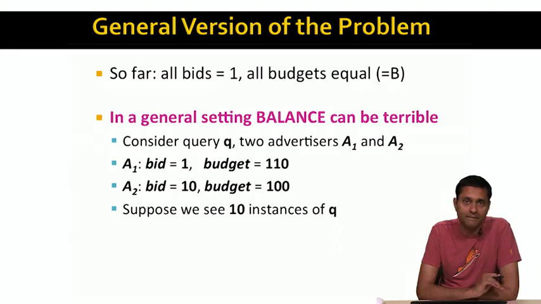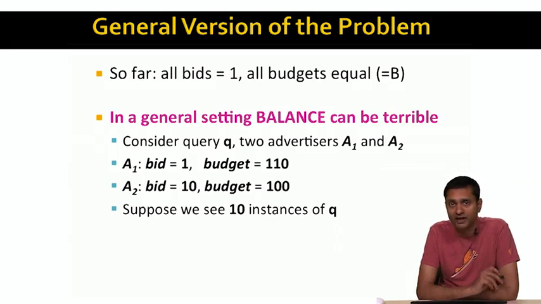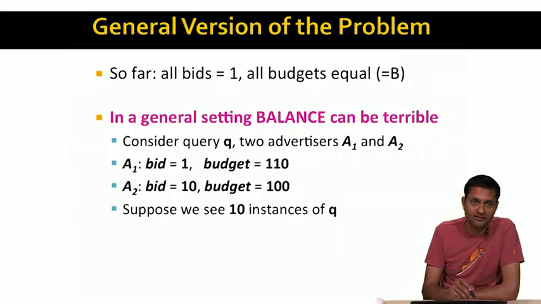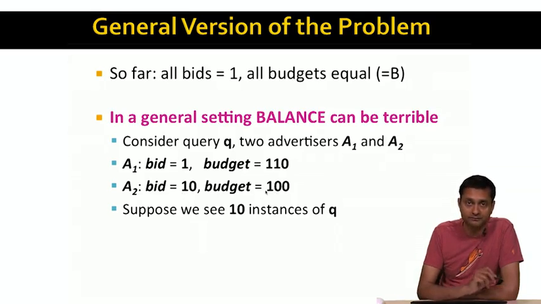Let's look at an example. Suppose there is a query queue, and there are two advertisers, A1 and A2. Let's say A1's bid is 1, and this is also the expected revenue, and A1's budget is $110. A2's bid is 10, and this is also the expected revenue, and A2's budget is $100.